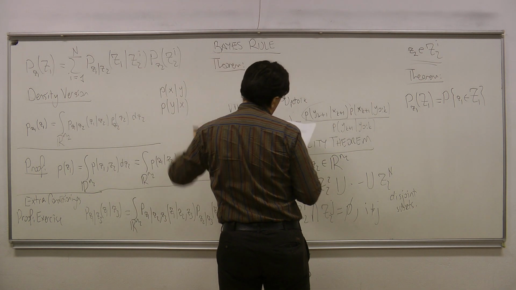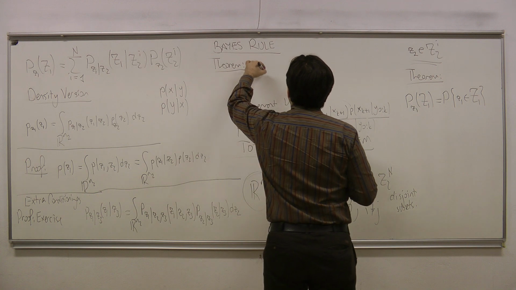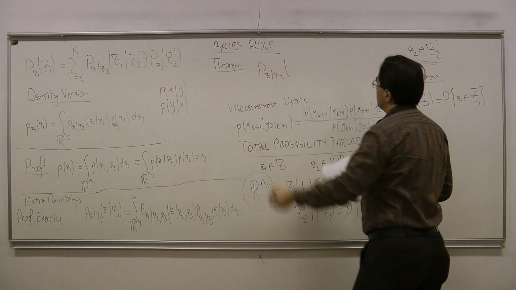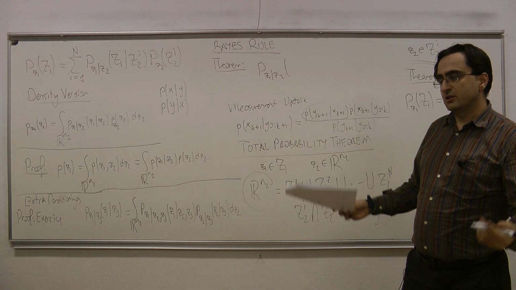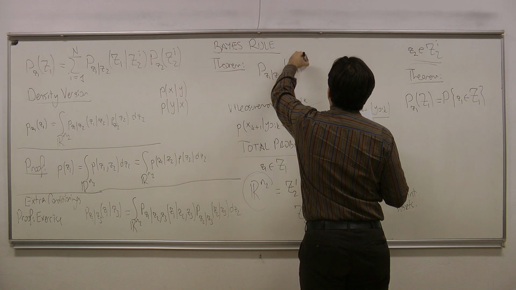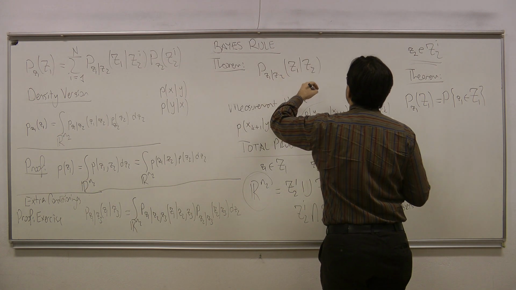So I would write it like this: P(Z1 given Z2). This is the density, this is the distribution version. It is not going to be much important, but the density version is probably more important.